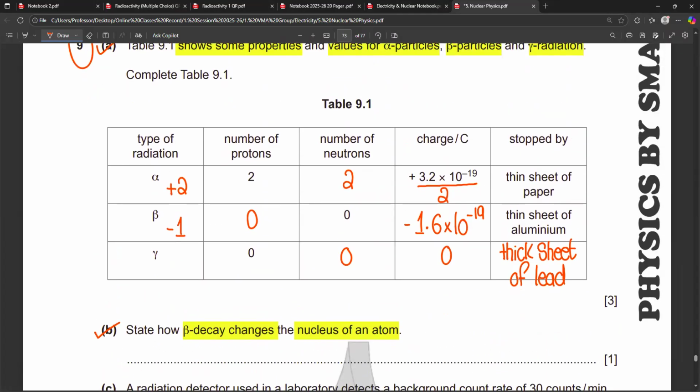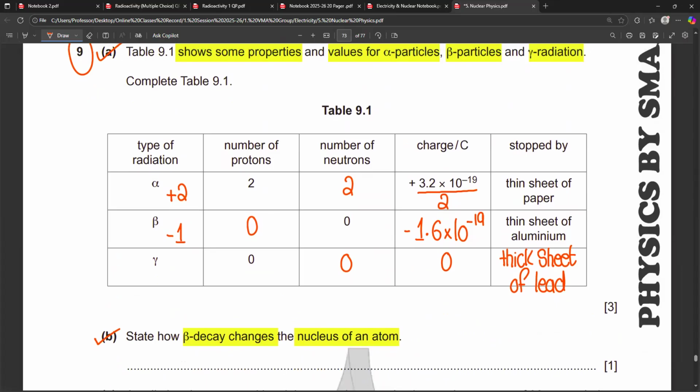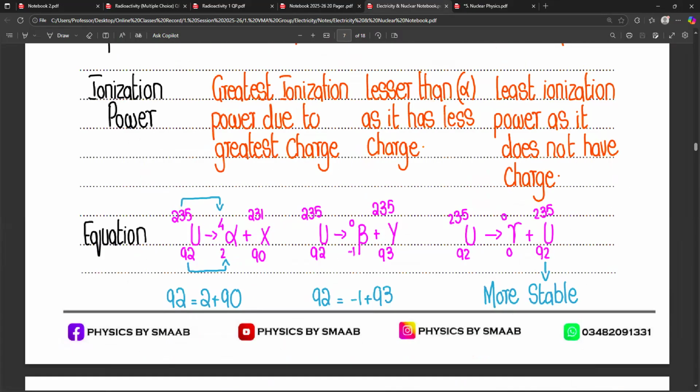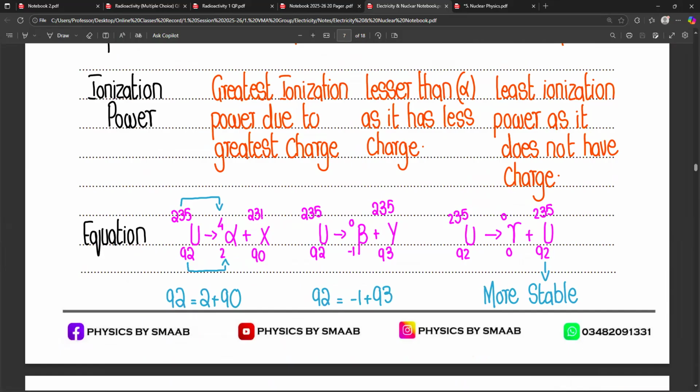Okay. Now, the B part of the question: state how beta decay changes the nucleus of an atom. We studied and wrote the properties of alpha, beta, and gamma. In beta decay, if you compare with the equation, this is the equation of beta. So in beta, we have -1. This is one electron.